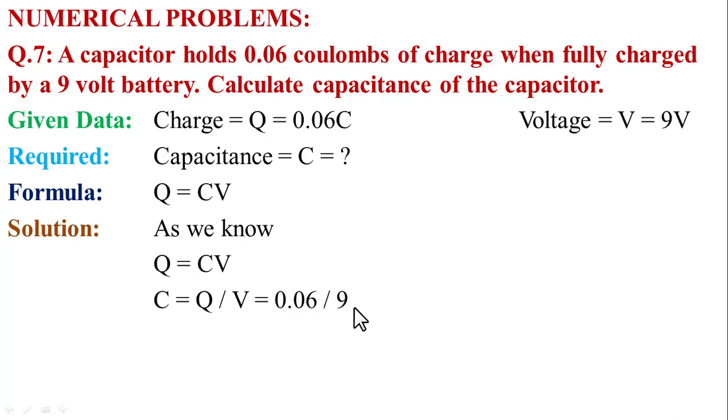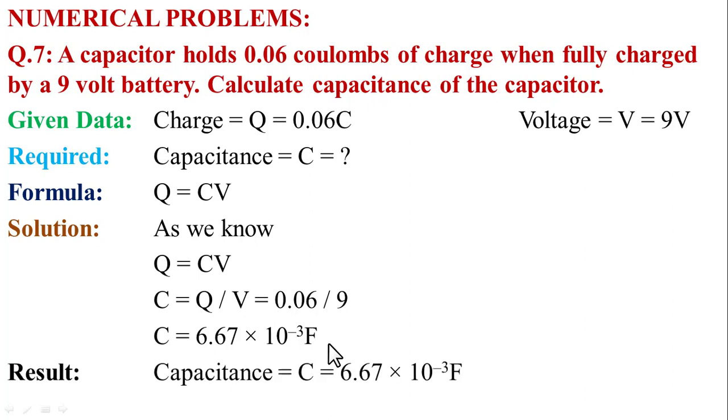So C is equal to 6.67 multiplied by 10 raised to power minus 3 farad. So the result of question number 7: capacitance C is equal to 6.67 multiplied by 10 raised to power minus 3 farad.